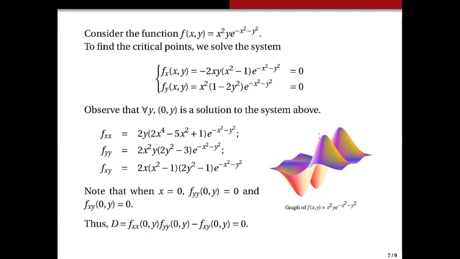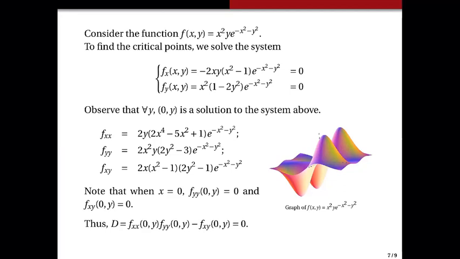Also, when you have only one critical point and it is a relative maximum, it is an absolute maximum. We don't have that counterpart in functions of two variables.